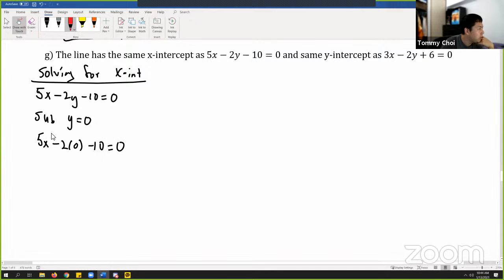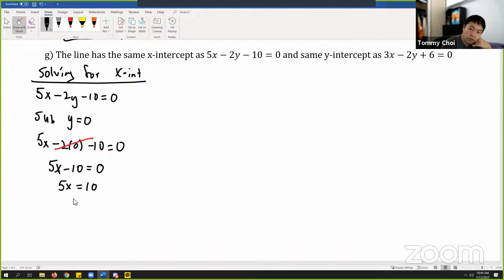Well, negative 2 times 0 is gone. So we get 5x minus 10 equals 0. Moving the 10 to the other side, 5x equals 10. Then divide by 5, and we're going to get x equals 2. So the x-intercept is 2, 0. That's the first part of our question.